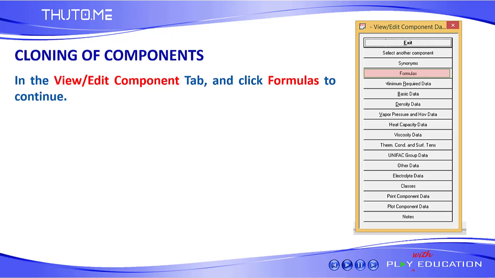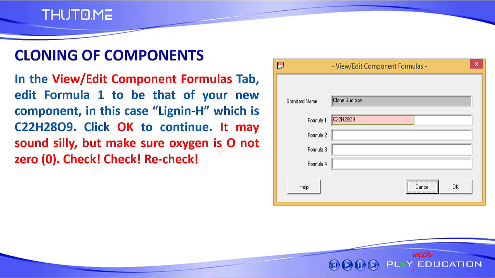This will take you back to the View or Edit Component tab. Then you can click on Formulas. In the View or Edit Component Formulas, change the formula, which would originally be that of sucrose, to be that of lignin H, which is C22H28O9. Click OK to continue.